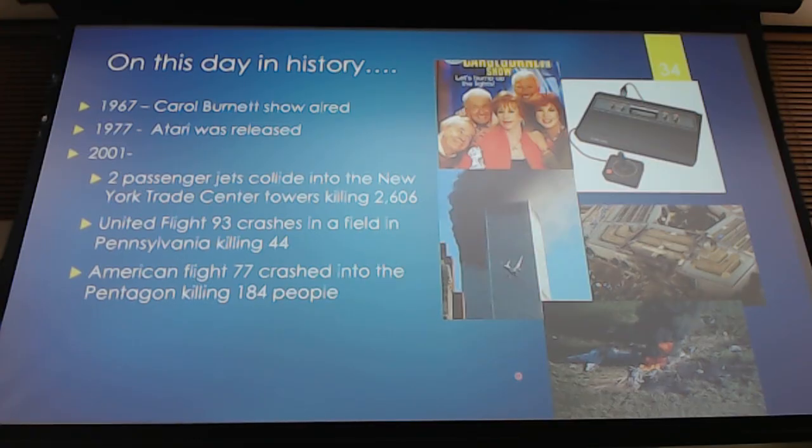Okay, Atari? No? Atari was released in 1977. Oh man, we loved it. So before Atari, or maybe around that time, does anybody know what was released around that same time? I think even before Atari. Nintendo.